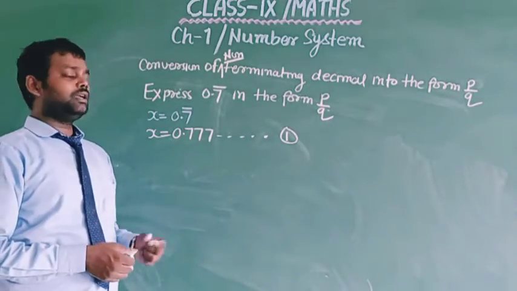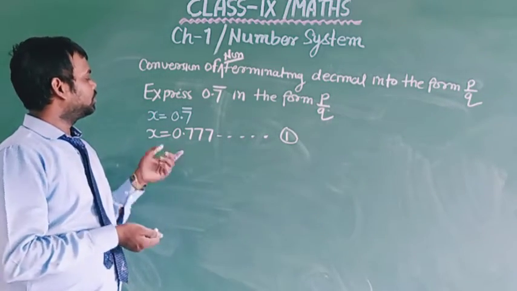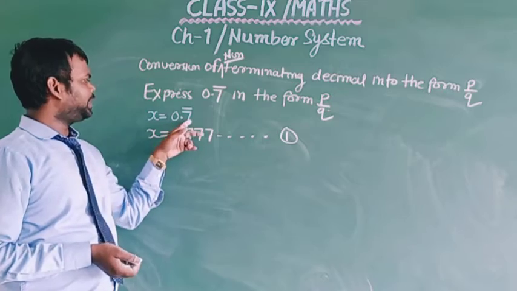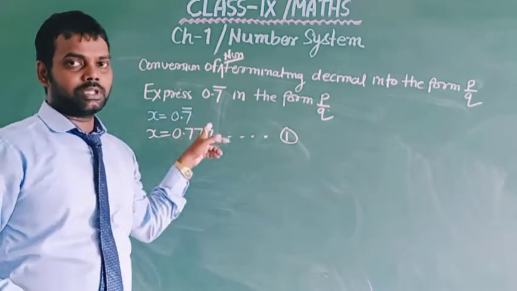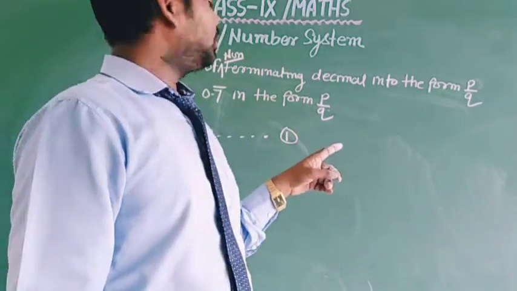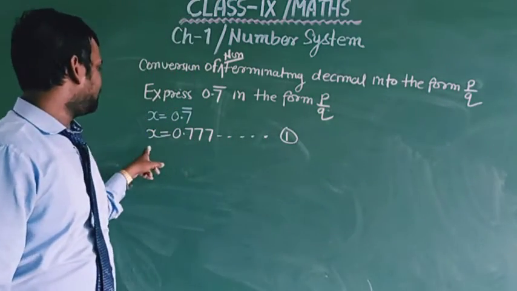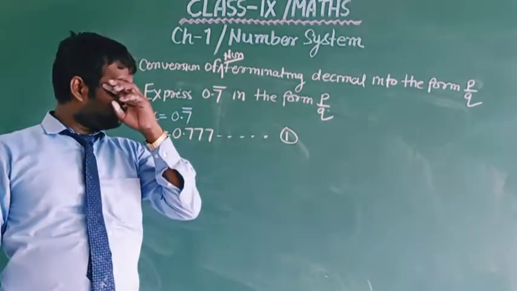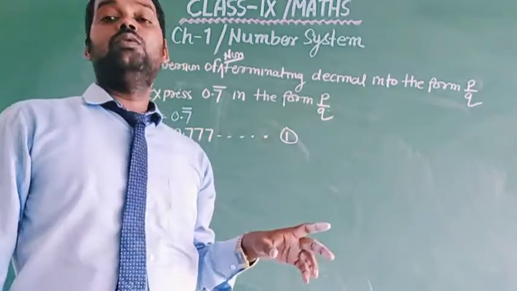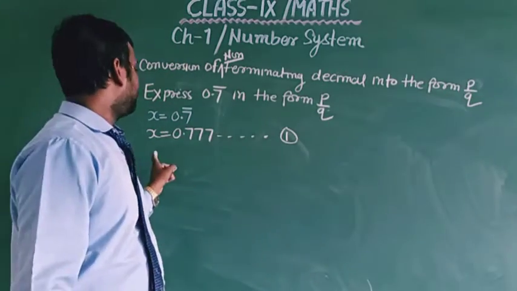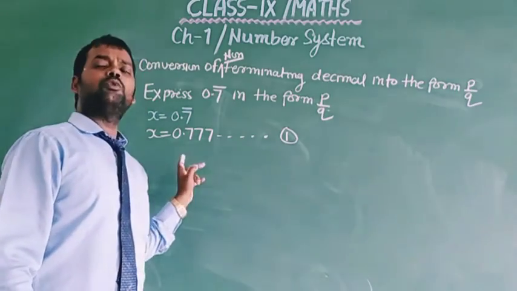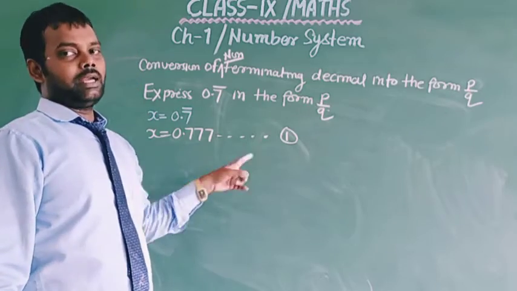The next step: if the repeating digit after the decimal is 1, then we multiply by 10. If the repeating digits are 2 after the decimal, then we multiply both sides by 100, and so on.